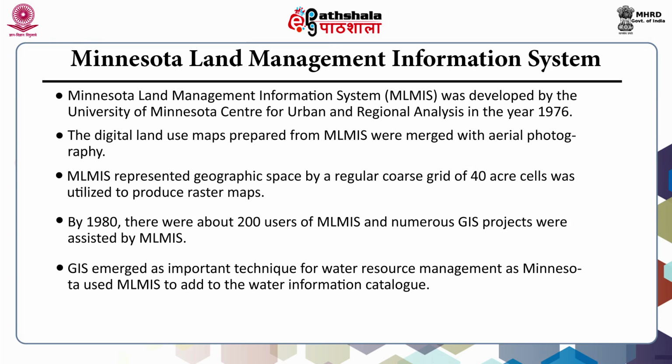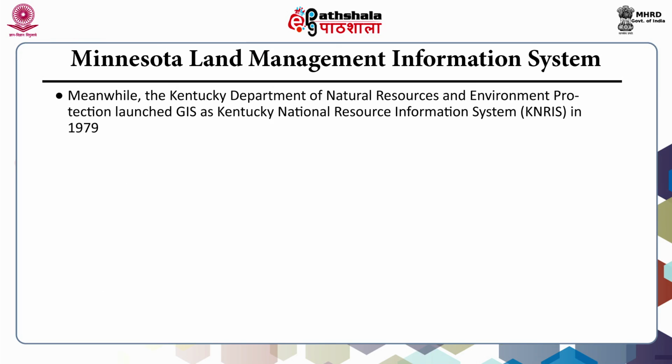GIS emerged as an important technique for water resource management as Minnesota used MLMIS to add to the water information catalog. Meanwhile, the Kentucky Department of Natural Resources and Environmental Protection launched GIS as the Kentucky Natural Resource Information System, KNRIS, in 1979.